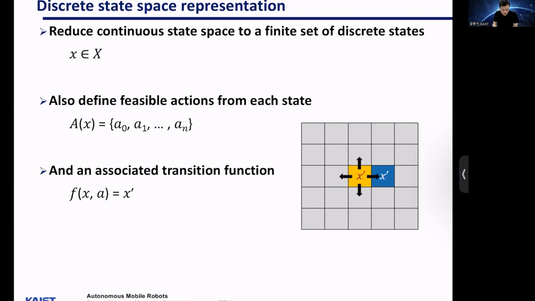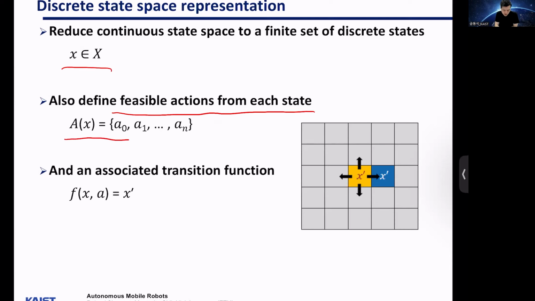Discrete state-space representation. Let's start with a simple example. We need to reduce the continuous state space to a finite set of discrete states. Let's say that set is X, and then we also need to define the action space, defining feasible actions from each state.